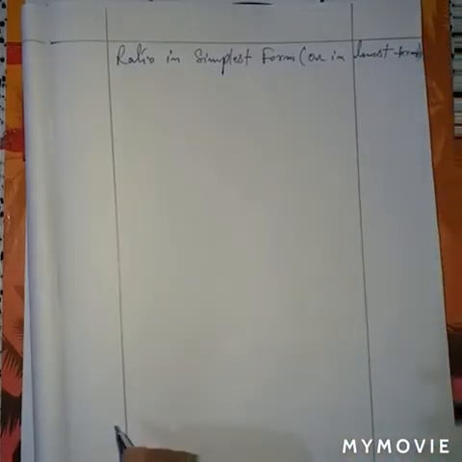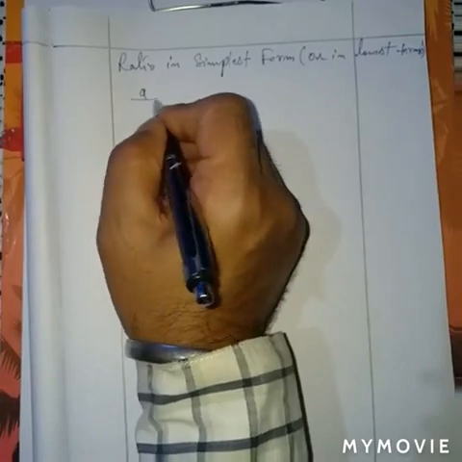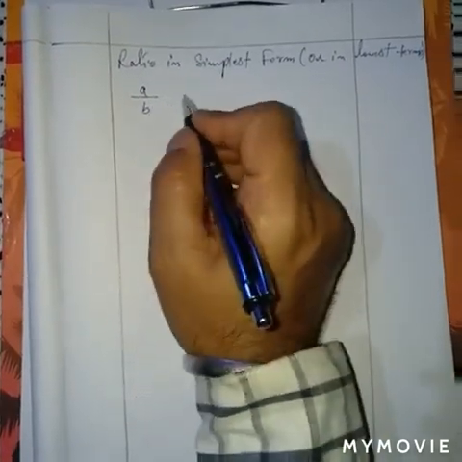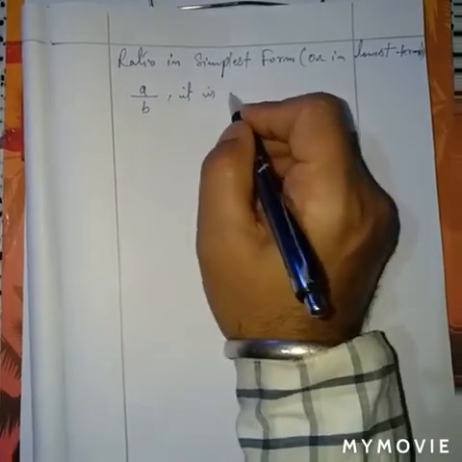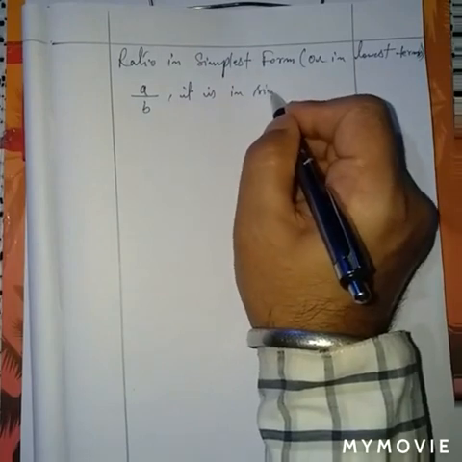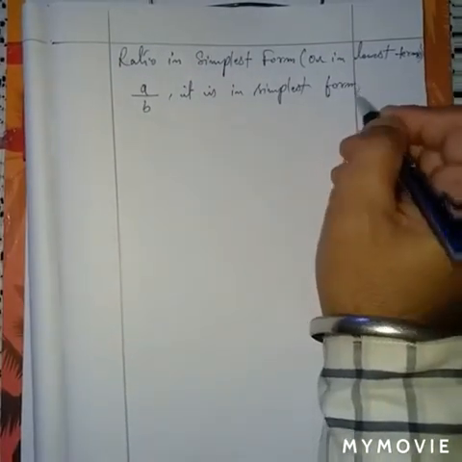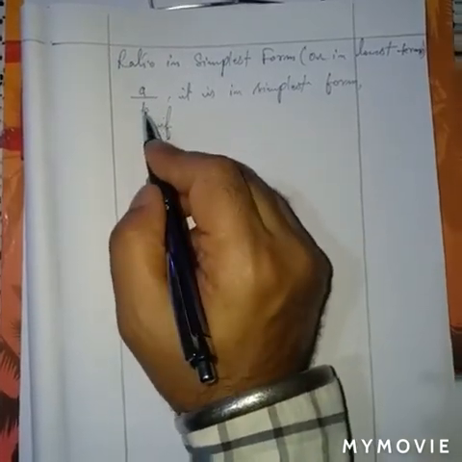A ratio, suppose a by b, is in its simplest form if the HCF of a and b is 1.